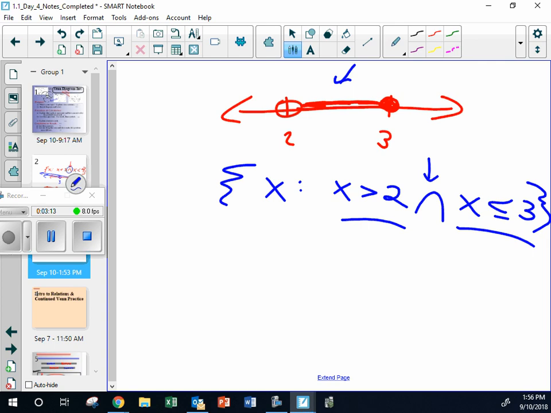All right, now one more thing. This is a little annoying, but sometimes books will put a comma in there. That means intersect. Okay, try to remember that when they put a comma in there, that means intersect the two. You may assume that if you see it on our homework or on our tests, and I'll be okay with you assuming that that's intersect. Okay, yes, sir.